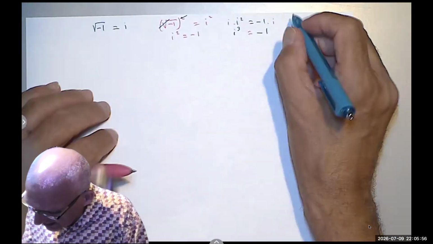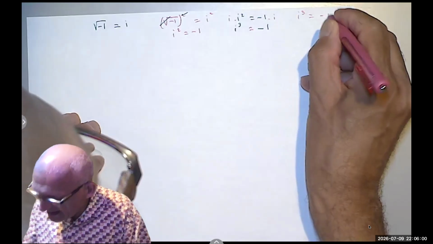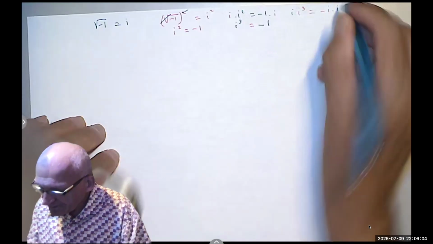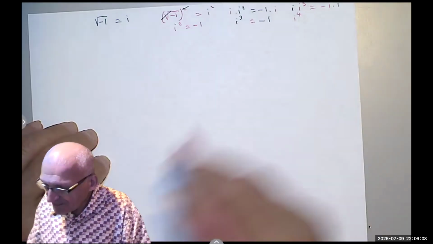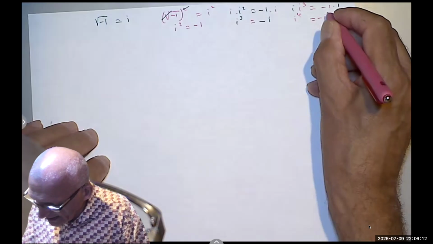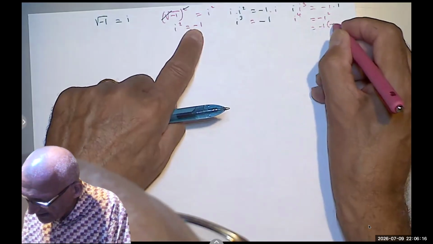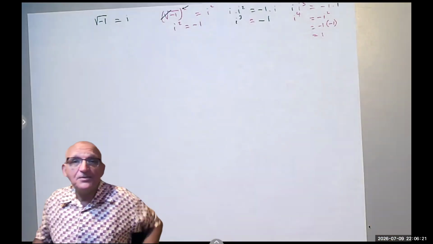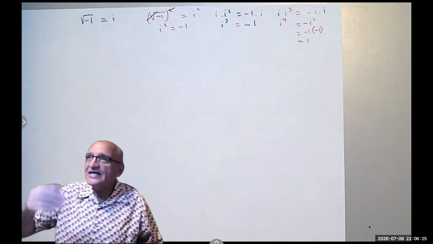And then if I take I cubed equals -I and multiply both sides by I again, the left-hand side would be I to the fourth. -I times I is -I squared, but I squared is -1, so it's -1 times -1 equals 1. And then the cycle repeats, which makes it easy to evaluate I to any power.